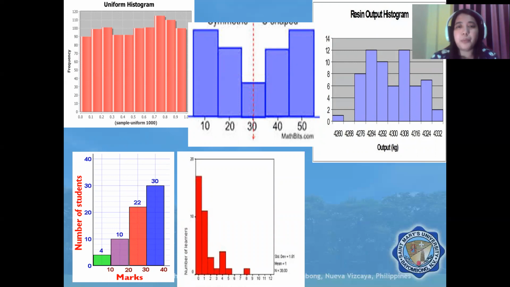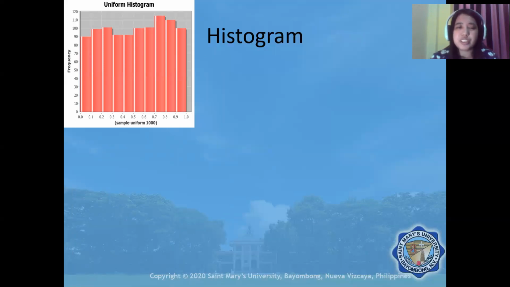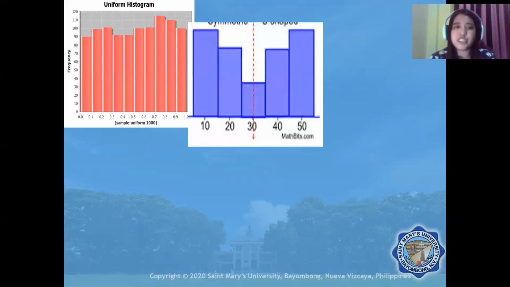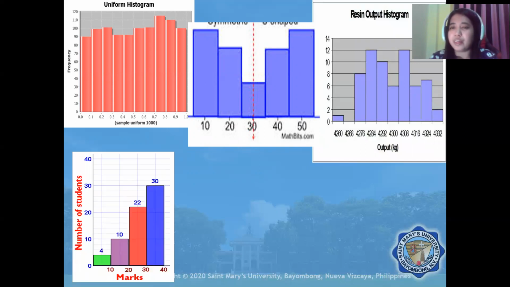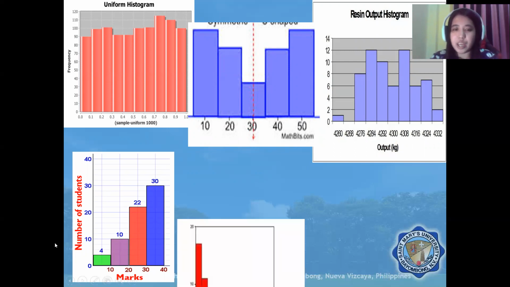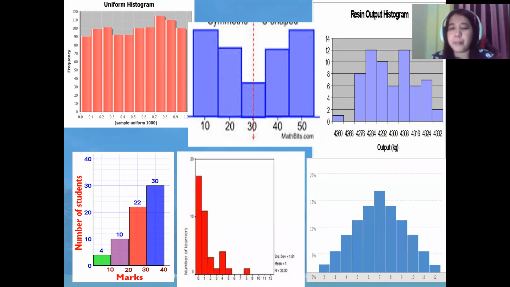Like for example, the first shape, this one is called uniform histogram or rectangular shape. This is called U shape. And also another one, here, this is a J shape, inverse J shape, and this curve.